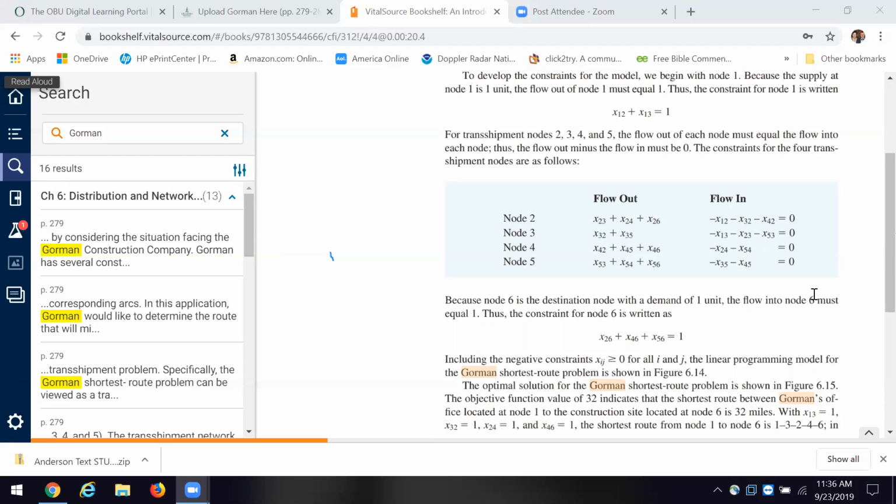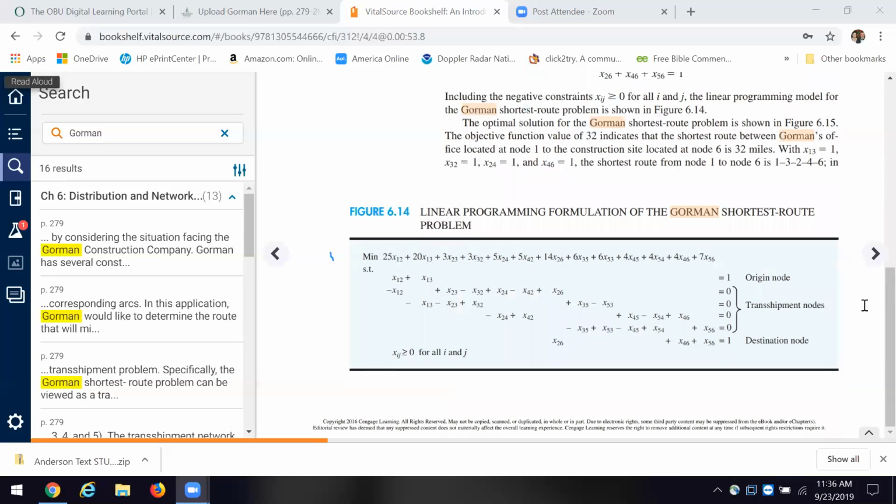We see the constraint for node 6, and that's how it's written. Then we see the whole thing. We're minimizing, and we have each of these routes with their notations weighted according to the distance, subject to the constraints for the origin node, the transshipment nodes, and the destination node.